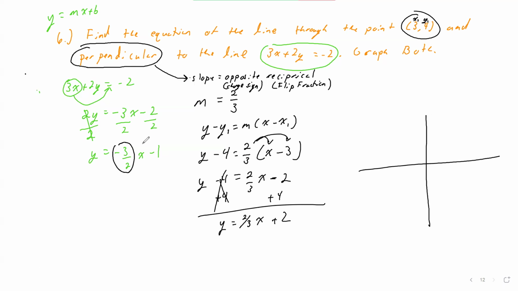So let's re-graph this one that we already graphed. So where will I start? So if I want to graph this green one, where do I start?